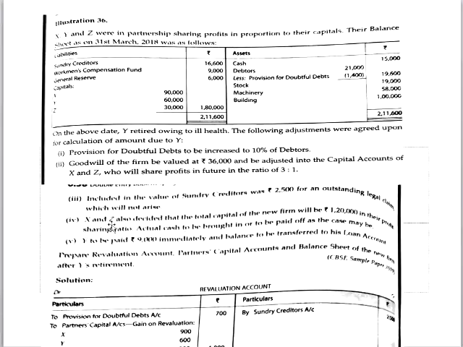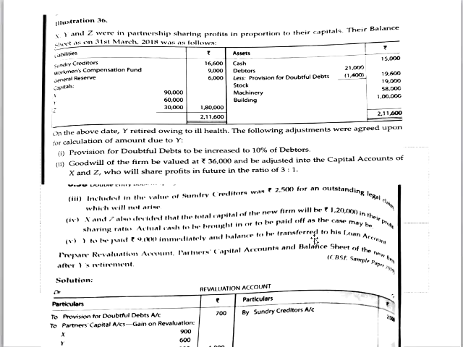Fourth adjustment: X and Z also decided that the total capital of the new firm will be 1,20,000. So the new capital is already given, and if there is any surplus or deficit, it should be shown through actual cash to be brought in or to be paid off, as the case may be. I think you got this case too.